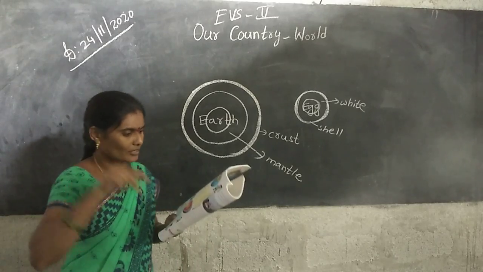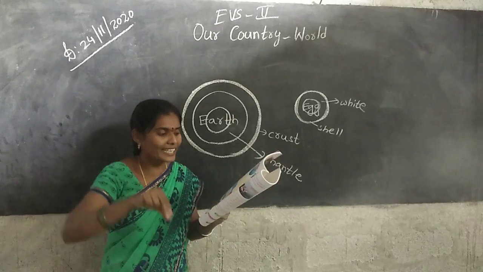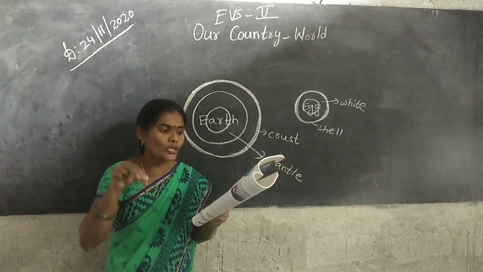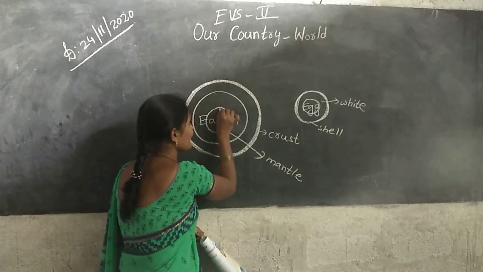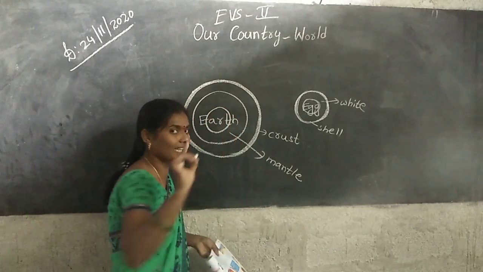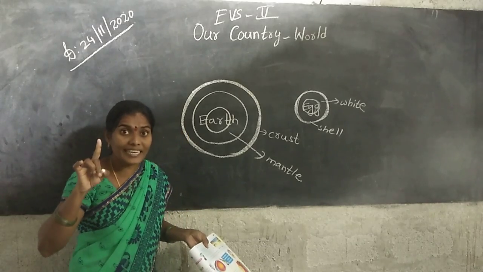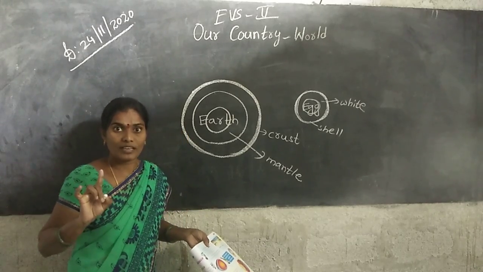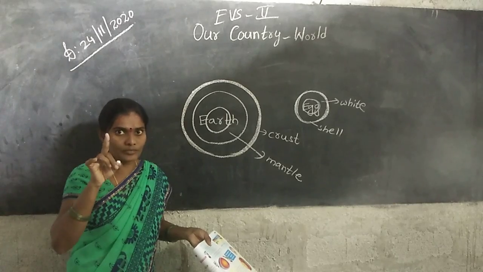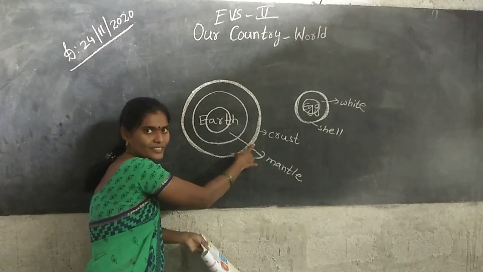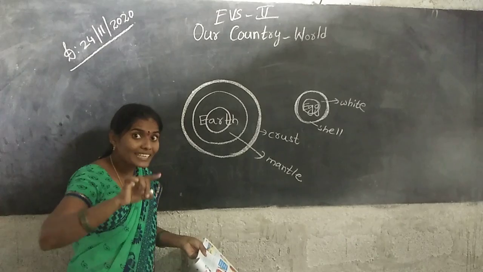Okay, next, the innermost layer is called the core. Inside, one more part is there, no, 3 layers. Our earth is having 3 layers like an egg. Inside the egg, there is a shell like a crust. Inside, the white layer is there.